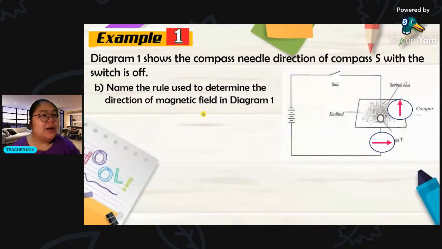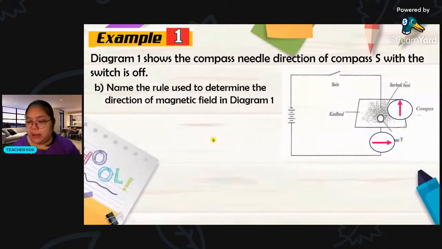Just a simple question. You can answer it. What is the rule we are using? Right or left? Right or left? So you have to answer. Maybe the line has a problem. The students are so slow today.